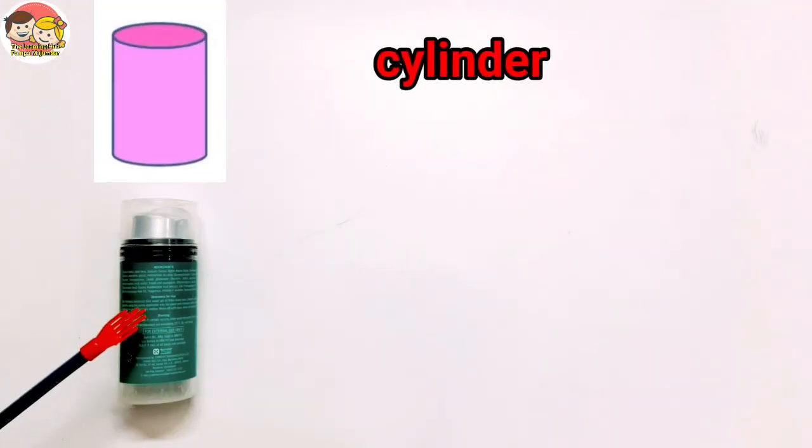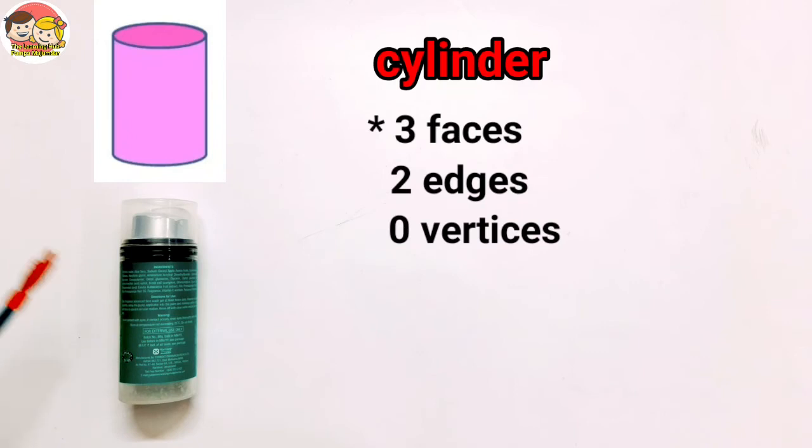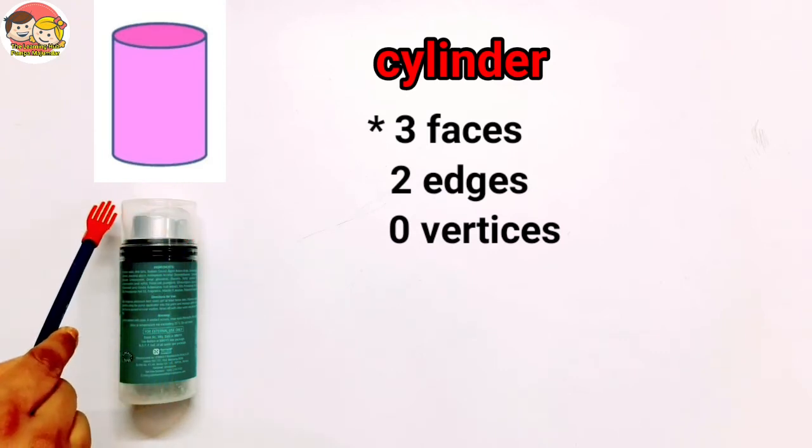This is a cylinder. It is a solid shape. It has 3 faces. 2 faces are plane. Observe very carefully. These 2 faces are plane and 1 face is curved. It has 2 circular edges. This one and this one.